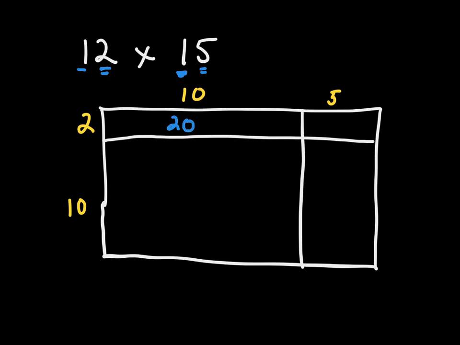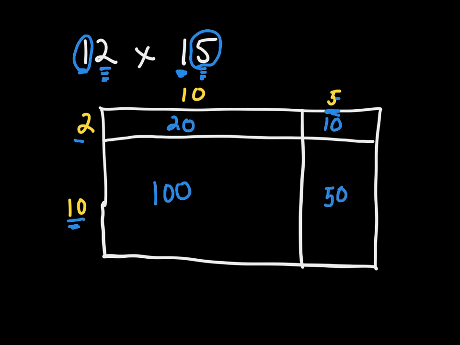Then we're going to take this 10 and this 10, and we multiply them, and we get 100. Then we're going to take this 2 and this 5, and we multiply them, and we get 10, because 2 times 5 is 10. Then we're going to take this 10 times this 5, and we get 50.